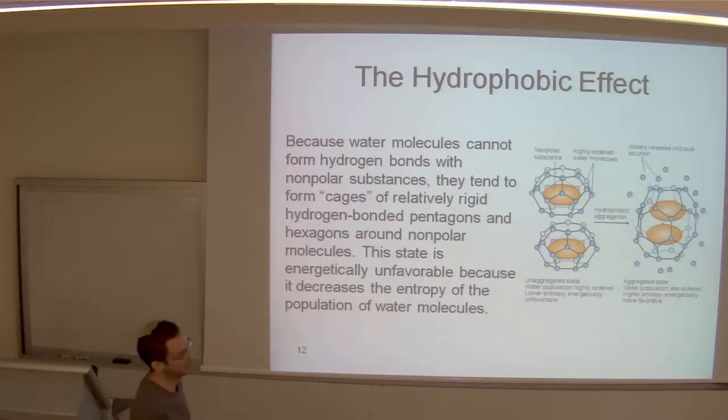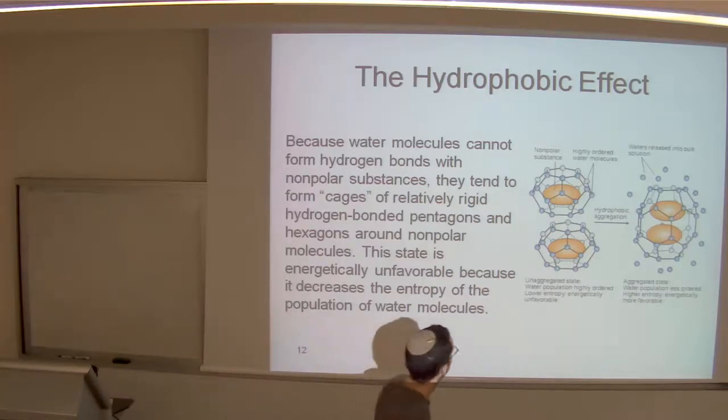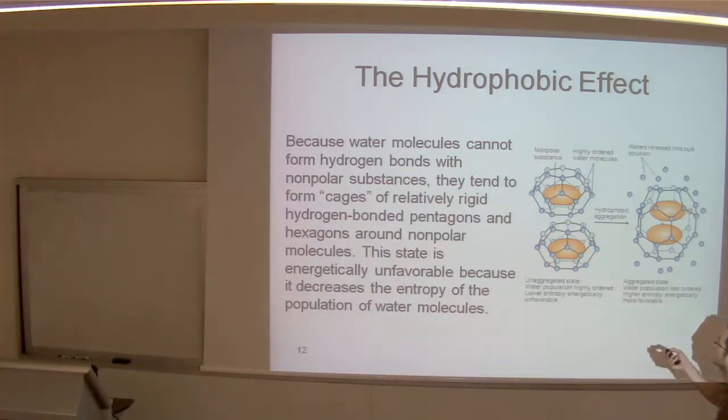Okay, and the last interaction is more of an effect than an interaction, but still a very important one to biological systems. It is called the hydrophobic effect. We saw what stabilizes charged molecules in aqueous solution, and what stabilizes uncharged polar substances, meaning the hydrogen bonds. But what happens if we have uncharged nonpolar substances in aqueous solution?